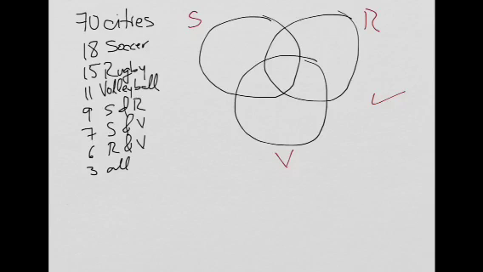What I usually do with this kind of problems, start with the innermost numbers that you have. So this area right here is the one that, so cities that have all 3 sports, right?